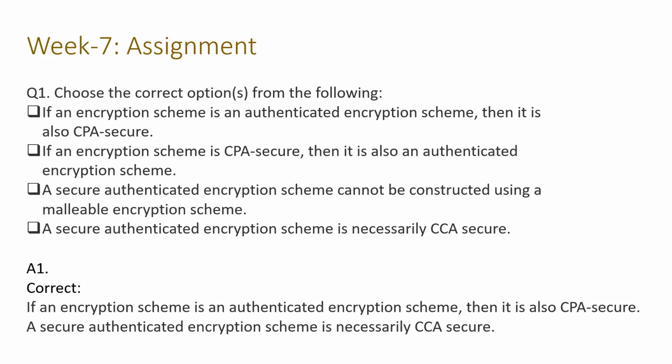What a malleable encryption scheme means is that after the adversary sees the challenge ciphertext, it can modify the challenge ciphertext in such a way that the modified ciphertext, after being passed to the decryption oracle, gives back some meaningful message, and from that it can somehow comment on whether the challenge ciphertext encrypts M0 or M1, right? That is what is meant by a malleable encryption scheme.